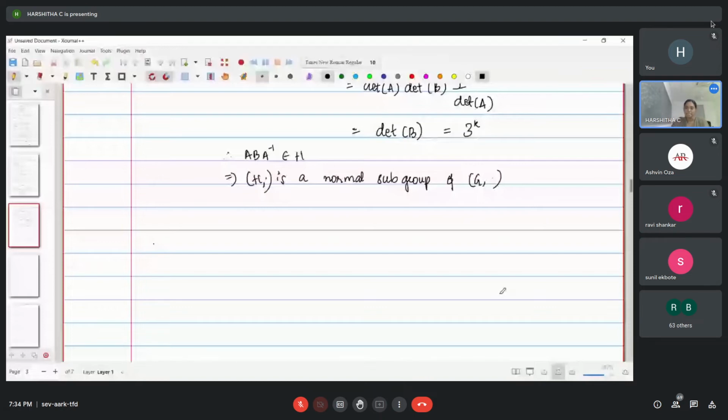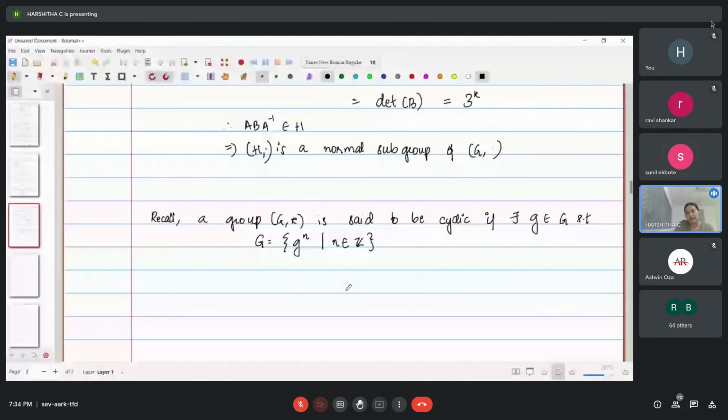G itself. So, an easy way to see that this is not cyclic is, if a group is cyclic, you're getting it from one element. So you have something like g power 0, which will be identity, g square, g cube, and so on. And you have g inverse, g power minus 2, and so on, right? So this will actually be a countable set, or it can be finite.